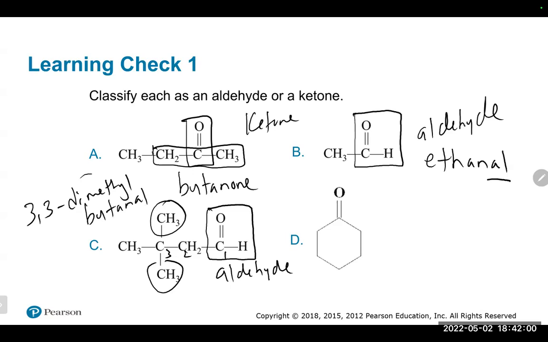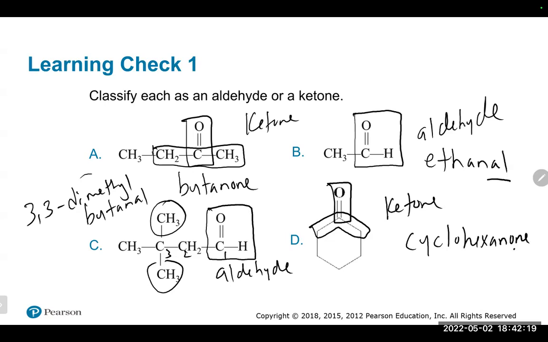And lastly, this guy here would be a ketone. That is 1 carbon, 2 carbons, 3 carbons in a row with the double bond. So that would be a ketone, based off of cyclohexane, and that would then become cyclohexanone, O-N-E. Any questions on those classifications?